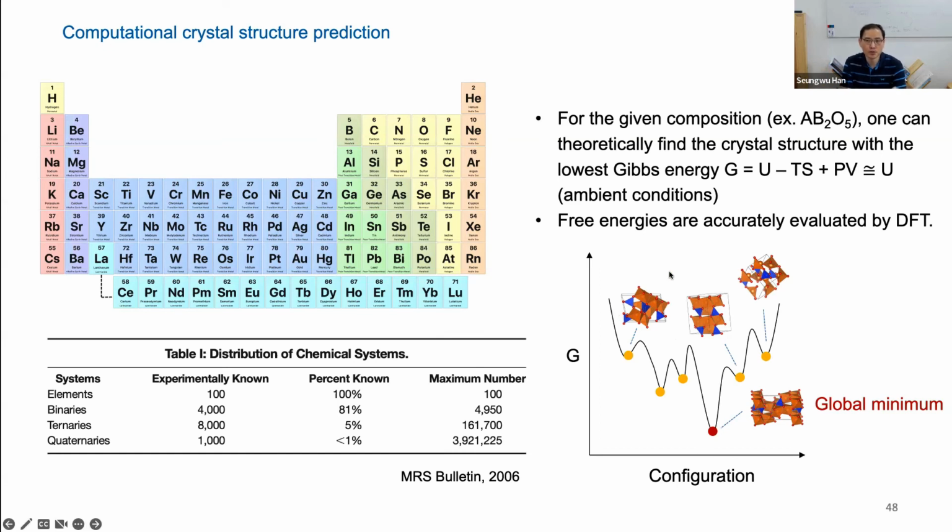And in order to predict the crystal structure, we try various kinds of crystal structures and find the global minimum. The global minimum in the free energy space corresponds to the equilibrium structure. All right. So this is nothing but searching through the energy landscape.